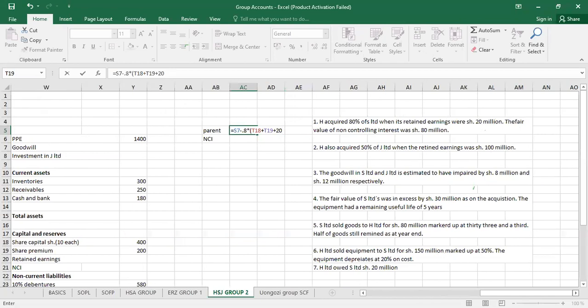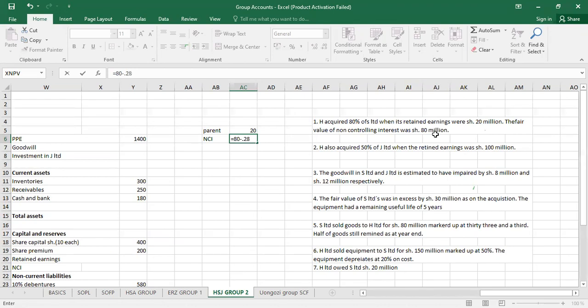Then you check if there was any revaluation. In note number 4, we've been told the fair value of S Limited was in excess by 30 million on acquisition. So plus 30. Then you close your bracket, enter. Then calculate the goodwill attributable to NCI. The fair value was 80, so 80 minus 0.2 for NCI.